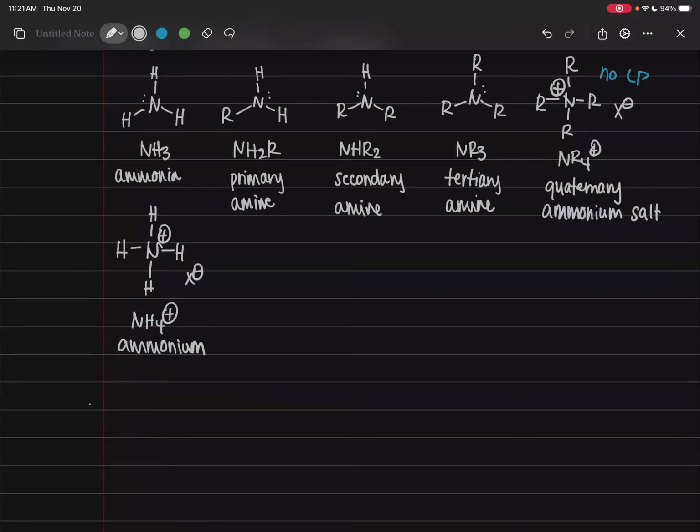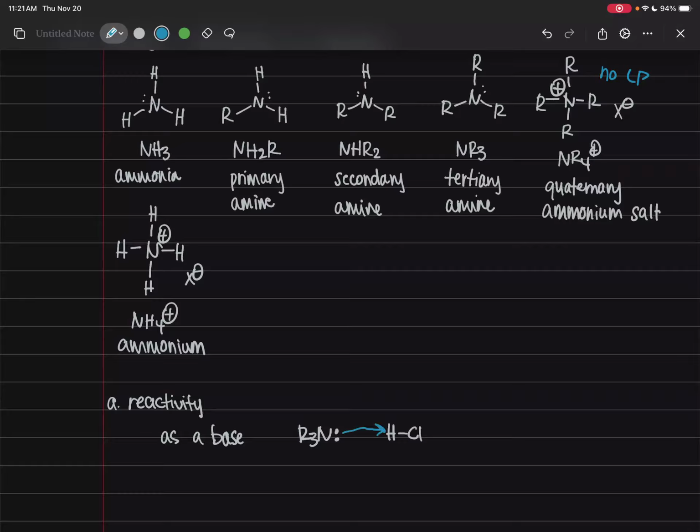So there's two ways that amines can react, generally speaking. They can act as bases. So if we have a tertiary amine, but it could be anything, could be ammonia as well, and we have an acid, this is just going to be an acid-base reaction.